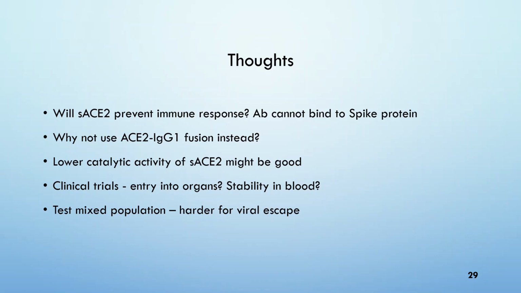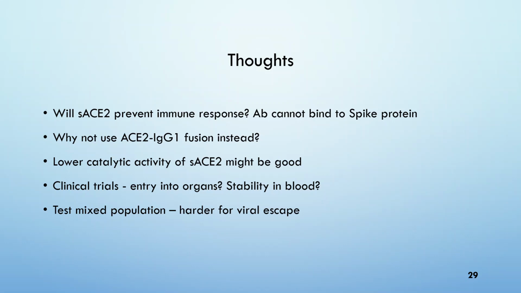But that might be okay since this treatment should be used in severe cases where the immune system is not responding well anyways. And then another question I had was why not use the ACE2 IgG1 fusion instead of making a dimer. And in the first place, I don't really understand why the IgG1 fusion was tested.